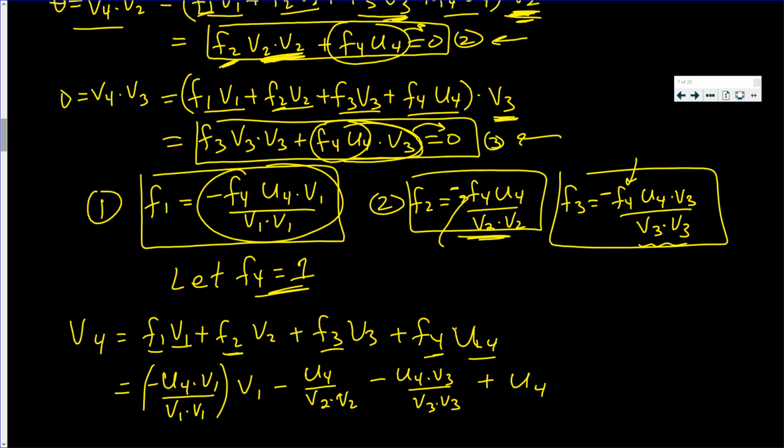Now I do have a concern about F sub 3. The numerator is U sub 4 dot V3, and somehow I didn't put the dot V3. Now I did. Okay, so this here is V sub 4.